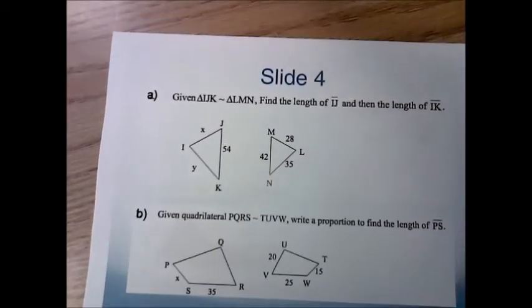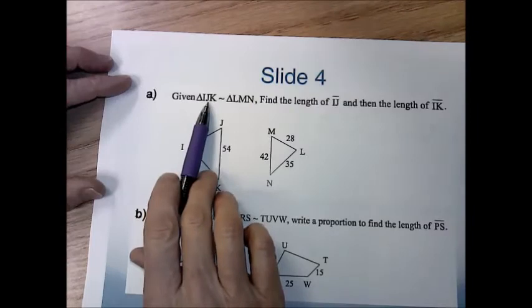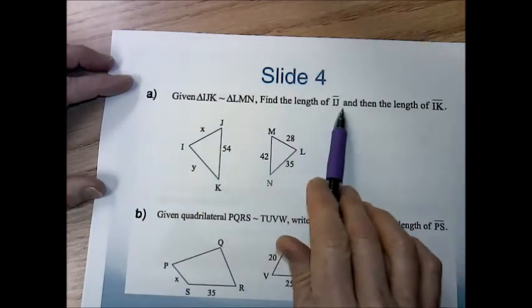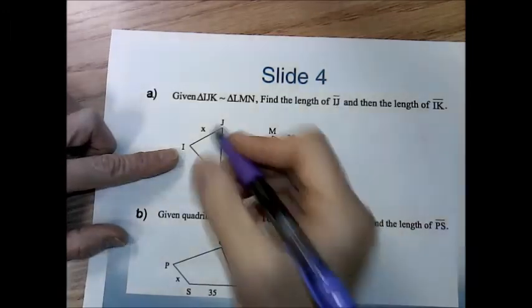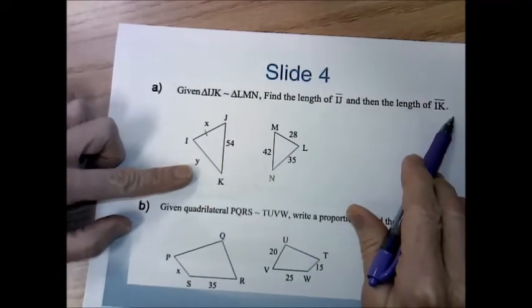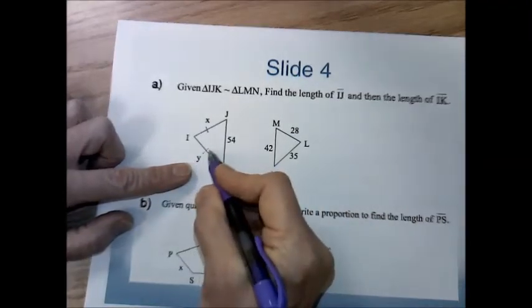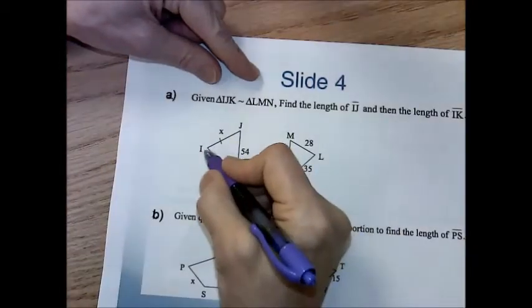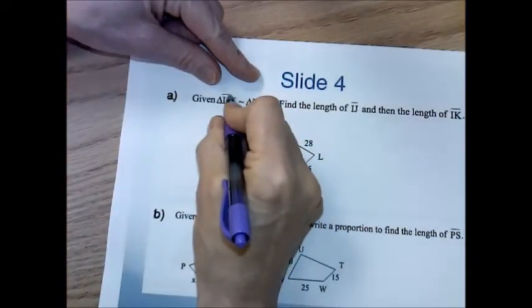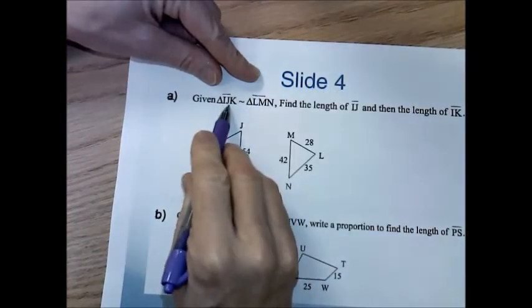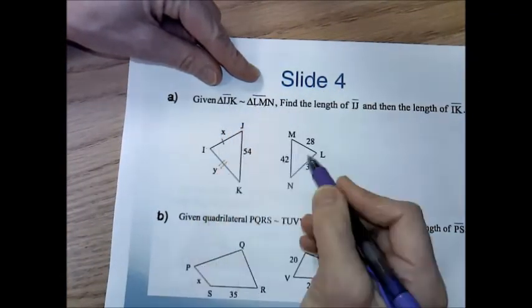Slide number 4 says given triangle IJK is similar to triangle LMN, find the length of IJ right here, and then the length of IK here, y. All right, so let's identify our corresponding sides. IJ we designated as side 1, so IJ corresponds to LM over here.